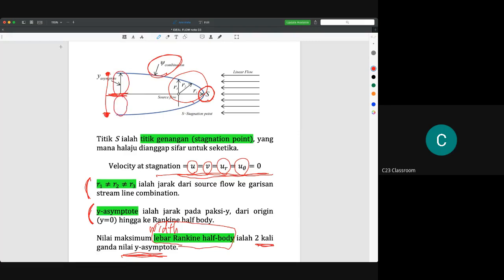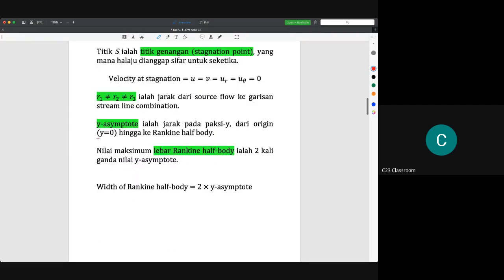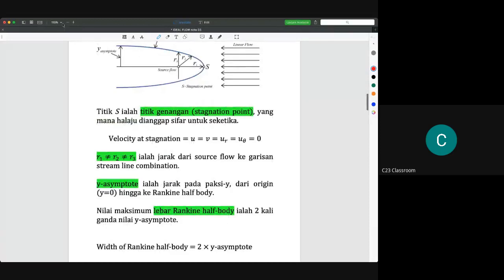Okay, I hope you could get a clear picture about this one, because in this topic we will regularly use the terms Psi combination and sometimes y asymptote and stagnation point. Okay, ni nota.